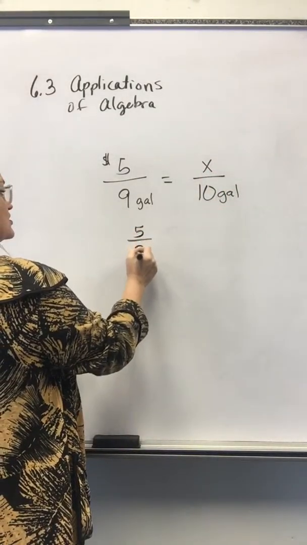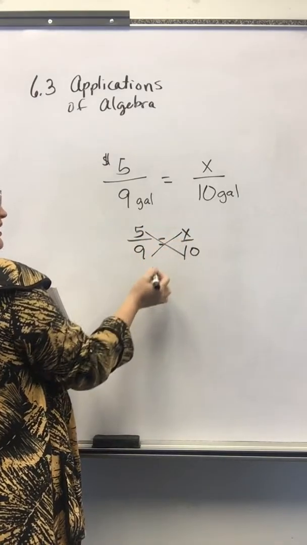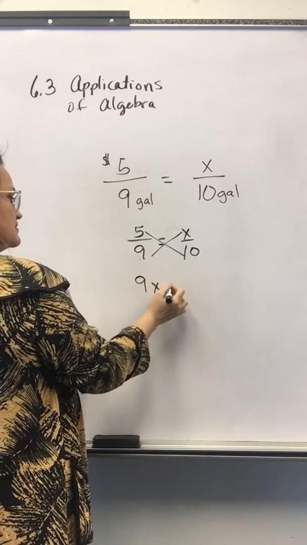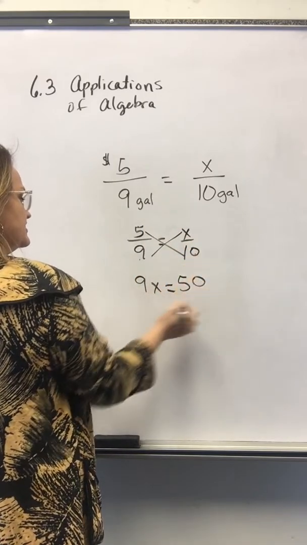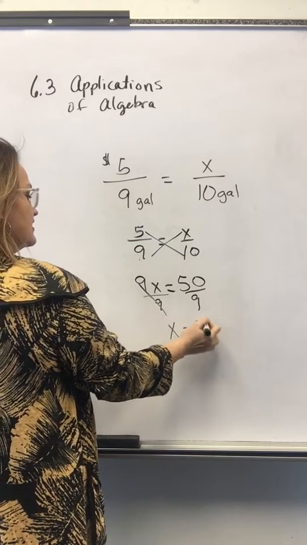Drop your units and just do the numbers with our proportion. You can cross multiply and say 9 times x equals 5 times 10, 50. Then divide both sides by the 9 to solve for x. 50 over 9.